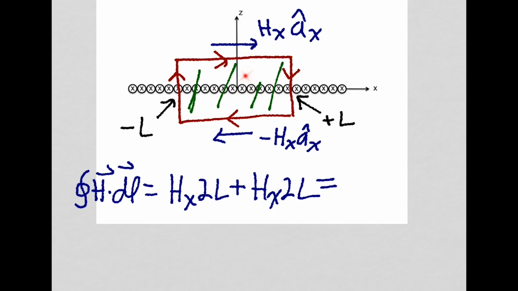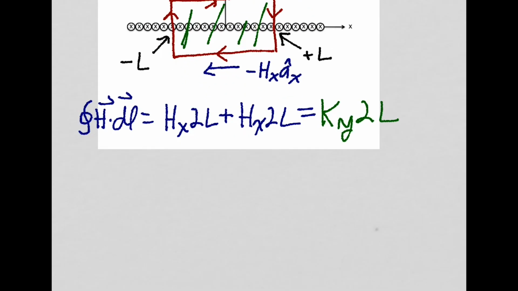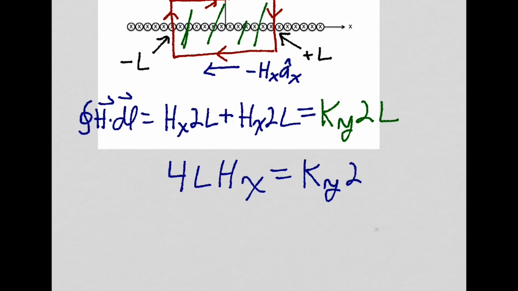The current going into the page is the current density along here, which is K sub y, times this total distance, which is 2L. So we have 4L H sub x equals K sub y times 2L. So H sub x is equal to K sub y over 2.